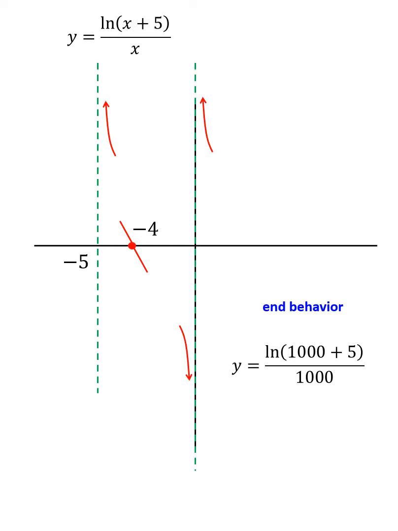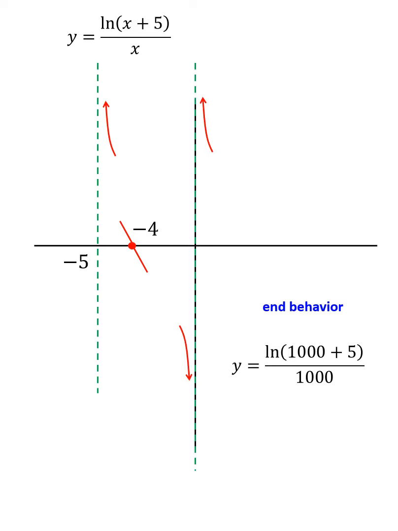So what have I got here? I've got a number way less than 1,000 in my numerator, which really is about 7 or 8, divided by 1,000. Now, 7 divided by 1,000, let's say, is a pretty small number. But imagine what would happen if x got even bigger, suppose 1,000,000.